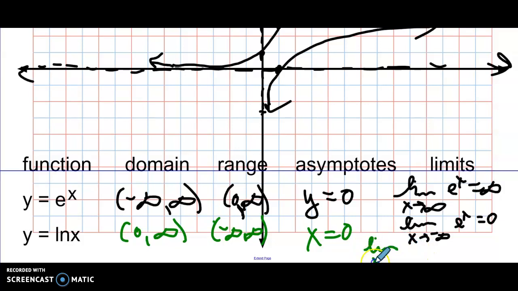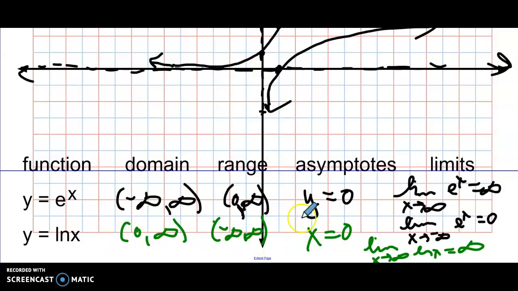The limit as x approaches infinity. As x is getting really big, so is y. That's actually not switched at all. They both go to infinity. It's just that natural log gets there slower, but the limit's still the same. And we can't say limit as x approaches negative infinity because it doesn't. It approaches 0.